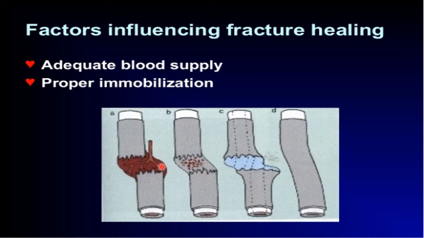Then the second point is that the bone fragments have to be immobilized for a specified long enough period until enough bone healing has taken place for you to allow mobilization. Fracture hematoma, osteoblasts and fibroblasts, callus formation, and then remodeling taking place. These are the four steps of bone healing.